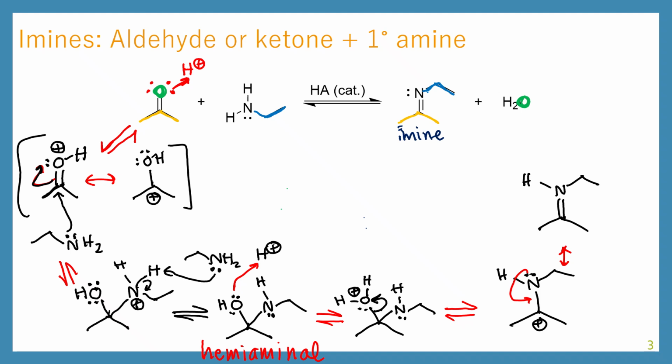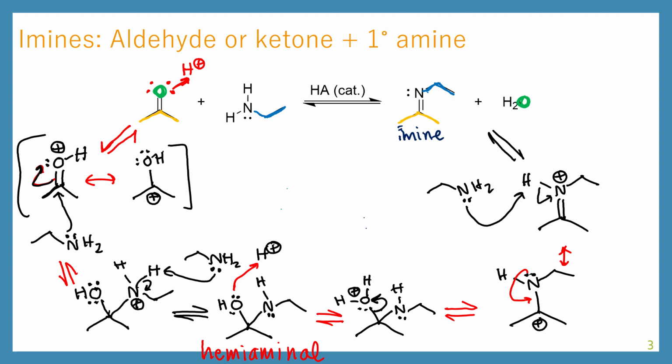It just has one extra proton that we don't want. So we can remove that. We can either use the water that we made, or we can use an amine floating around. But that gets us to our final product, the imine.